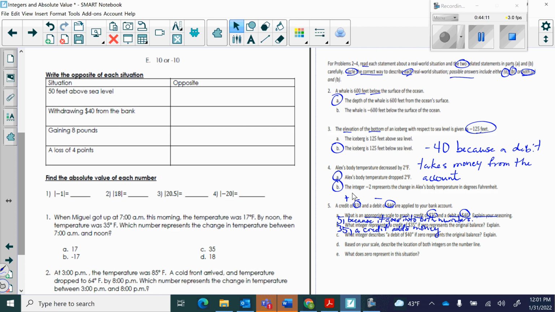So part D, based on our scale, describe the position of location of both integers on the number line. So where would they be? Describe it on the number line. But what scale did we use? Part A. So where would it actually be?